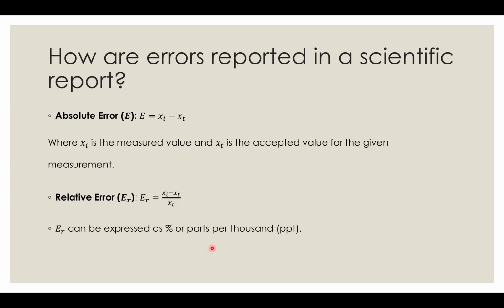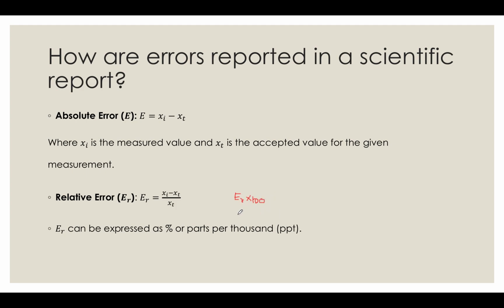This relative error can also be expressed in terms of percentage or as parts per thousand. For doing that, if you want to express it in terms of percentage, you have to multiply ER with 100.